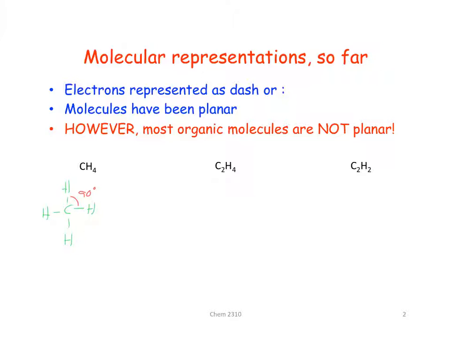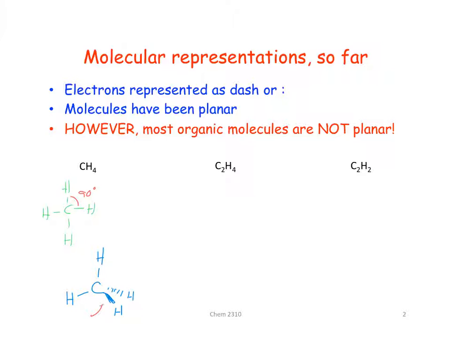In fact, if we change the shape into this shape right here, I'm going to use some different types of bonds: a wedge and a dashed line. Do you remember what the wedged and the dashed lines mean?